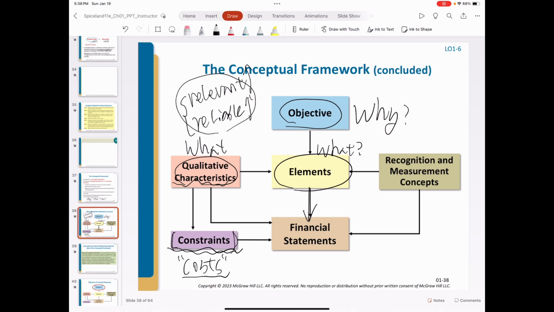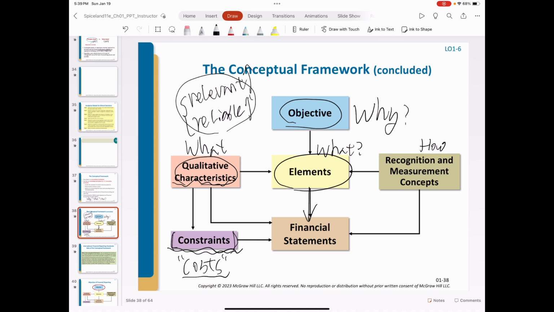The last but not least is how. Methodology. That is recognition and the measurement concepts. So we are going to use this methodology to measure the elements and report in the financial statements. Okay, so that's the conceptual framework.